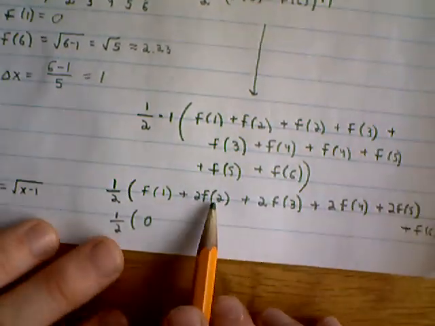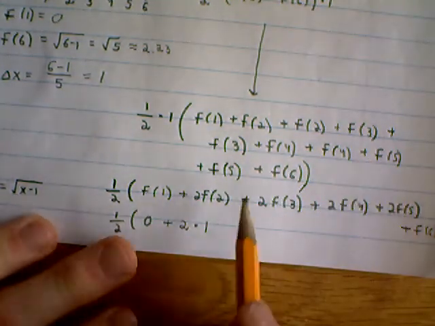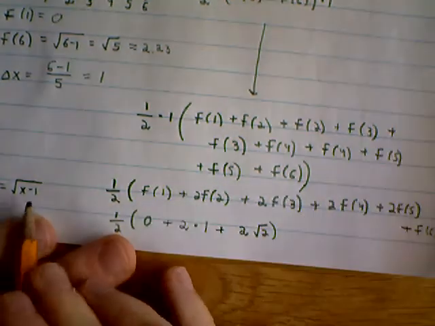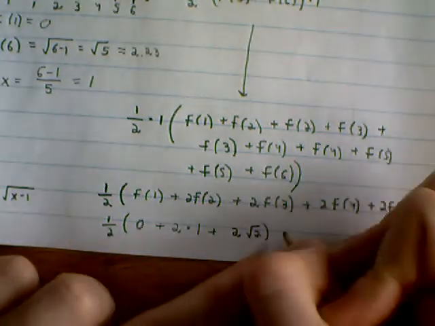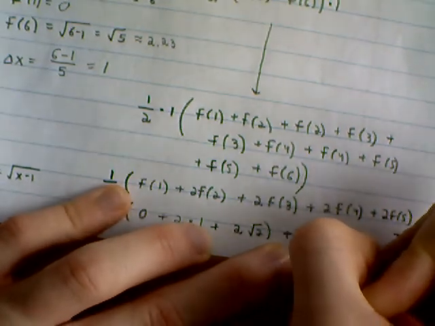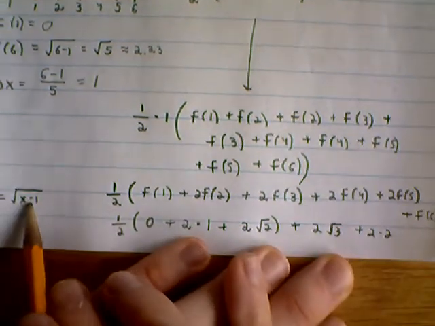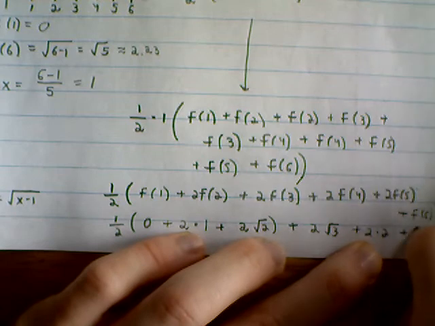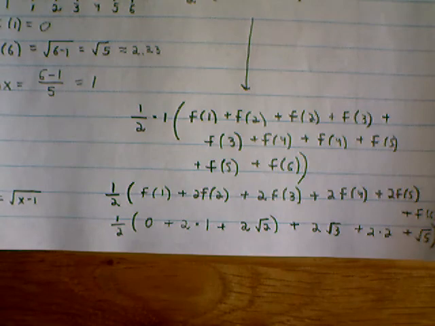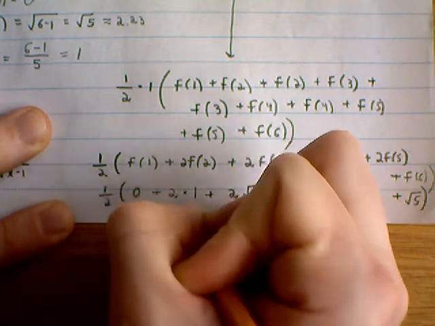If I plug in 2, I'm going to have plus 2 times 1, because f of 2 is 1, plus 2 times the square root of 2, because if I plug in 3, I'm going to have the square root of 2, plus 2 times the square root of 3, plus 2 times 2, because if I plug in 5, I'm going to get the square root of 4, which is 2, plus the square root of 5 if I plug in 6. All right. And when I put this in a calculator, I'm going to end up with approximately 7.2.